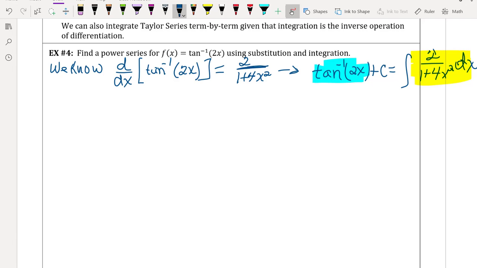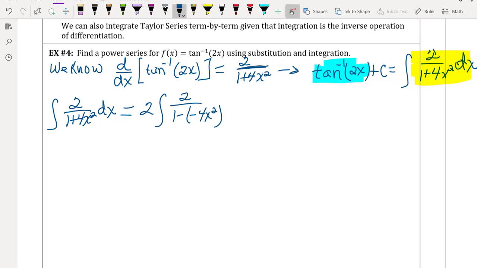So let's start by integrating this. So we're going to have the integral of 2 over 1 plus 4x squared dx, and this is going to equal, if we think of this in terms of how we write a power series, if we write this as 1 minus negative 4x squared, in that way we can then create our power series.